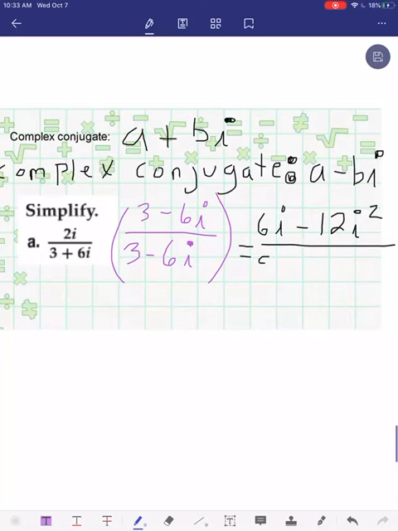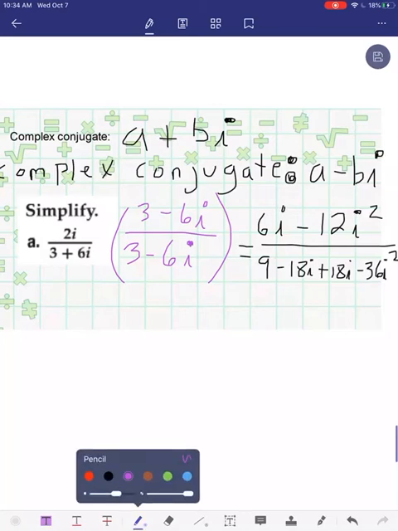So 3 times 3 gives us 9. 3 times negative 6i gives us negative 18i. 6i times 3 gives us a positive 18i. And then 6i times negative 6i is a negative 36i squared.